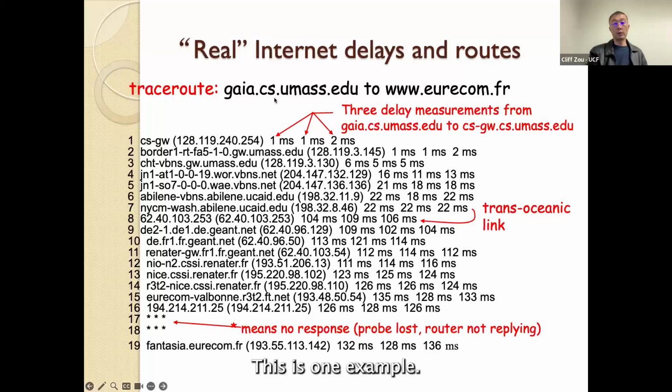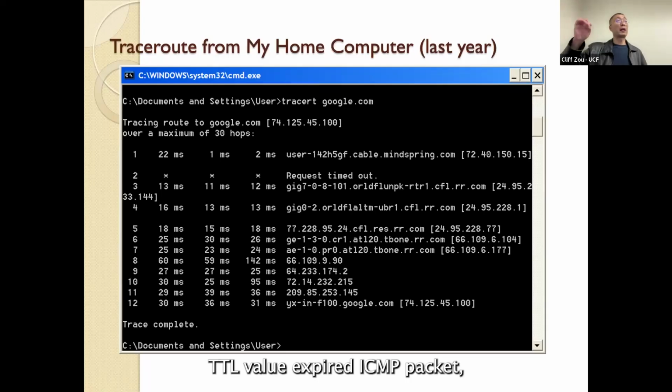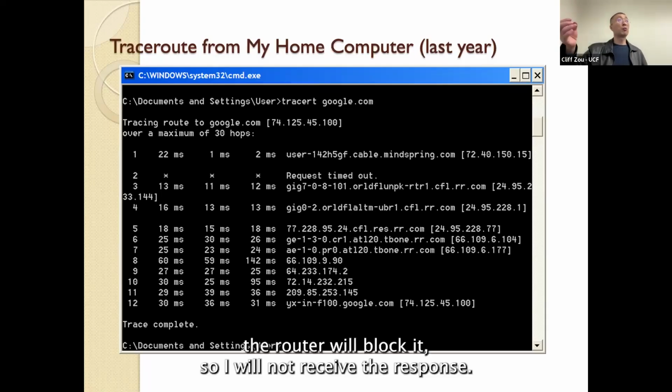This is one example. I will show another example. I did this example at my home, because I cannot do traceroute here at UCF: the UCF border gateway will actually block ICMP packets. Even if a router sends back a TTL expired ICMP packet, the gateway will block it, so I will not receive the response.